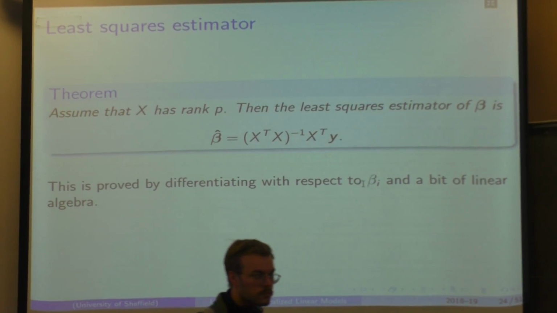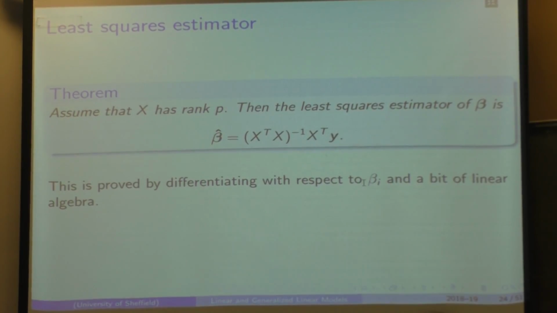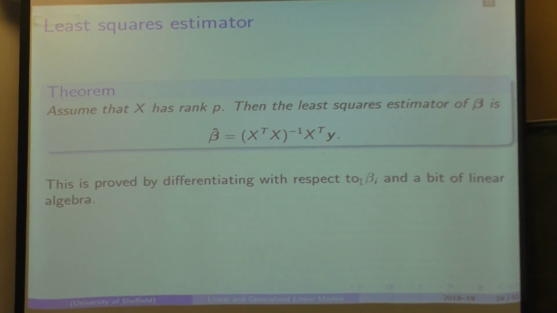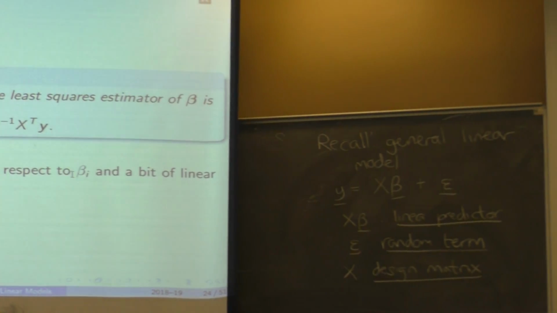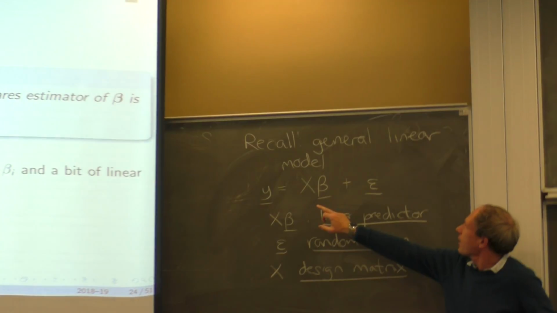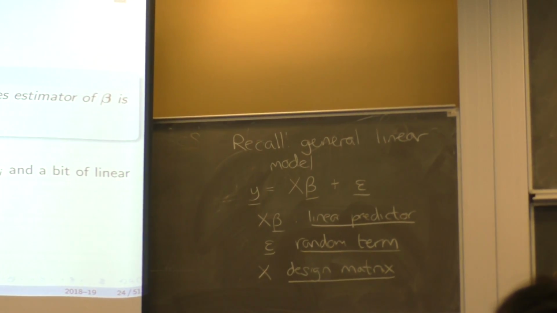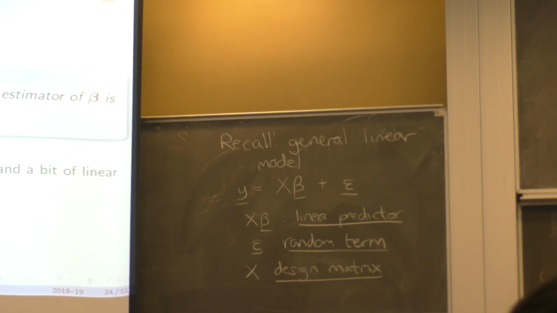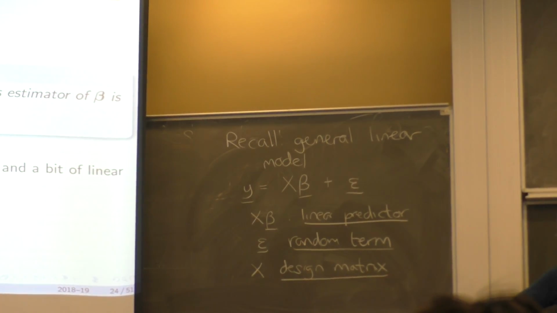So, in last week's lectures we introduced the idea of the general linear model, which we can write in matrix form like this. We've got our data points, which we write as vector y. We have X, which is a design matrix whose entries are the coefficients for the model.